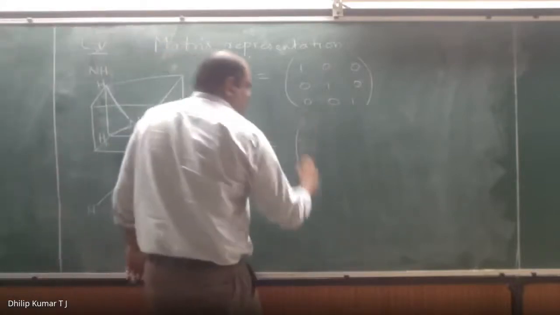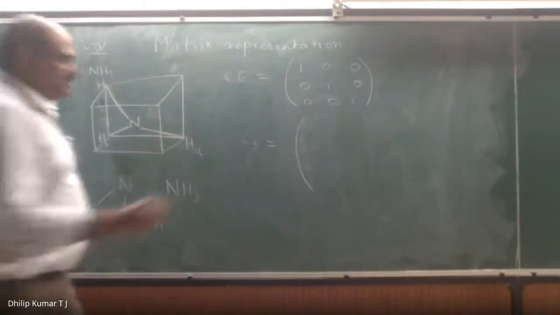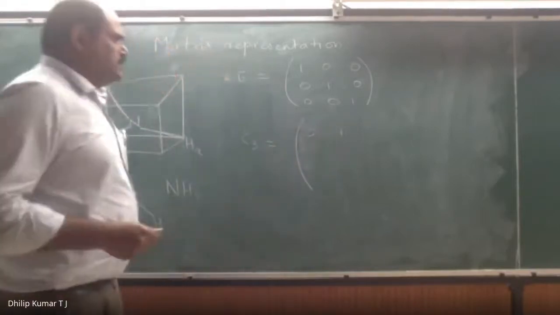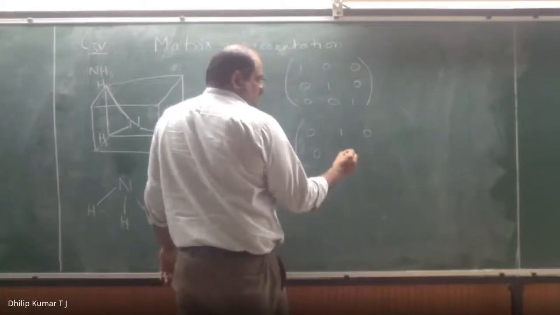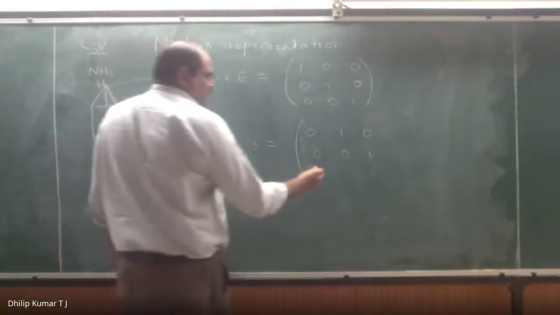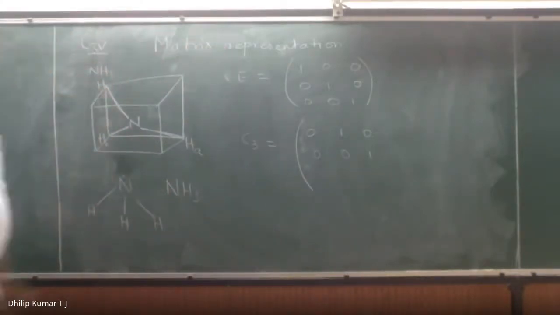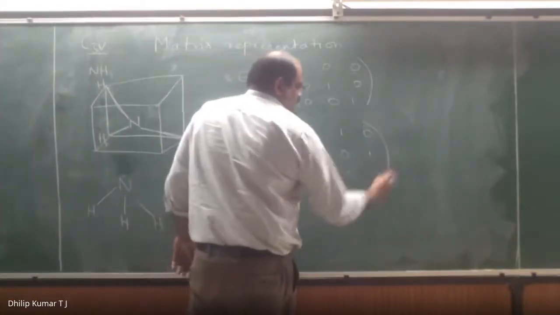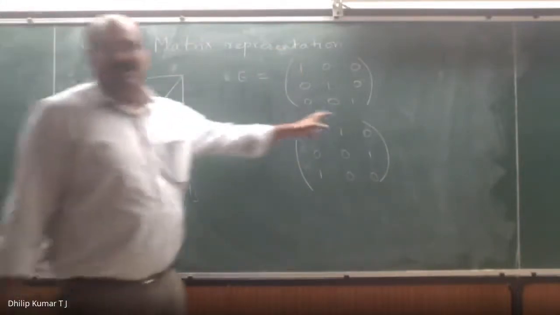If you consider the first row as HA, that goes to the second place, whereas HB, which was originally here, will come here. And HC, which was here, by rotation of C3 will come here. So this is just the interchange of atoms, and we can simply write the matrix in this form.